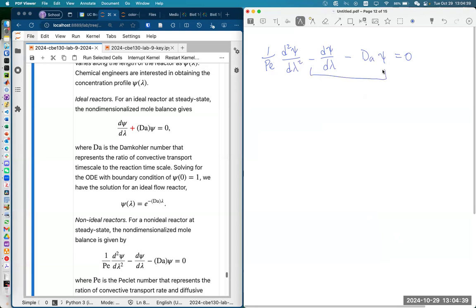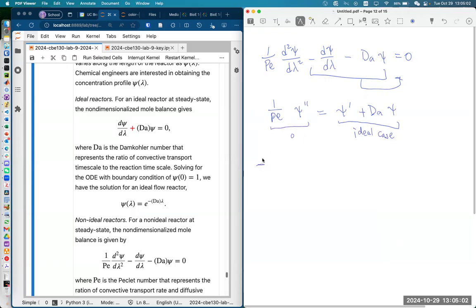If we move this to the right, we have 1 over PE, psi double prime is equal to psi prime plus DA psi. And this psi prime plus DA psi is the ideal case, and in the ideal case, it is equal to 0.